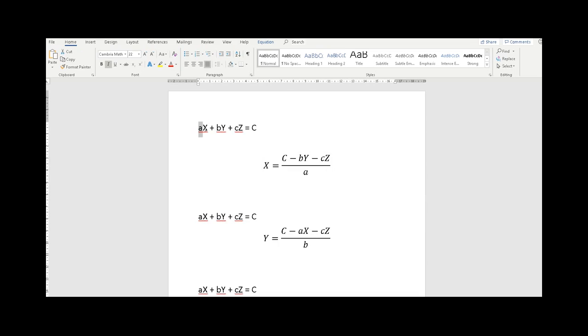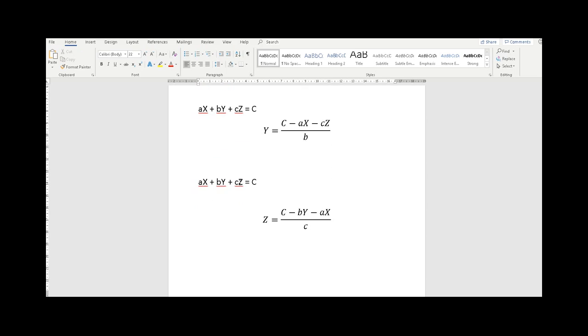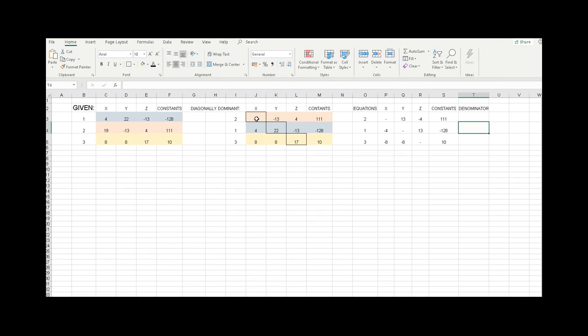So in this case, in x it is a, for y it is b, and for z it is small c. So here are the elements. We've highlighted them.